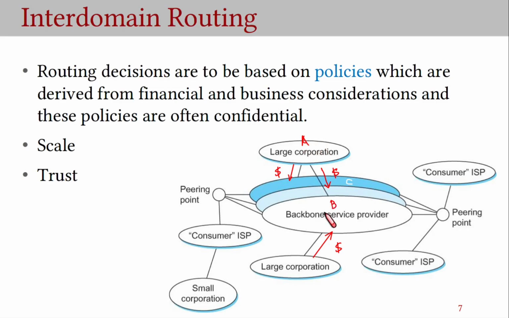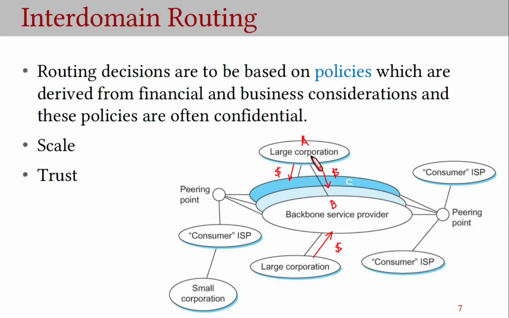Maybe B charges less per unit of traffic as opposed to C. And so the policy, it could be that if there is a path to a destination through B, then I want to send my traffic through B.